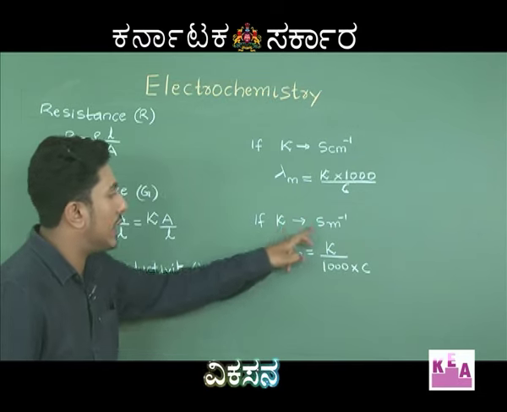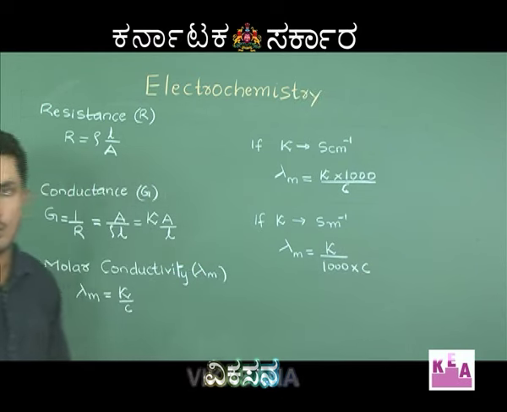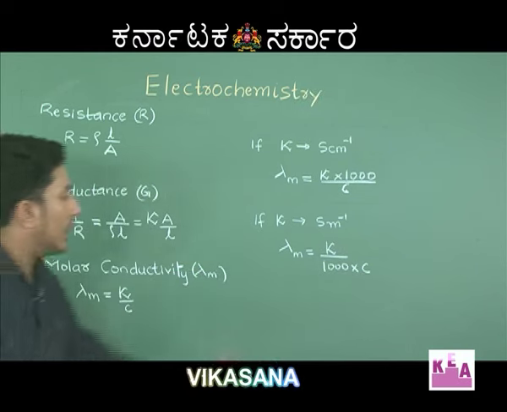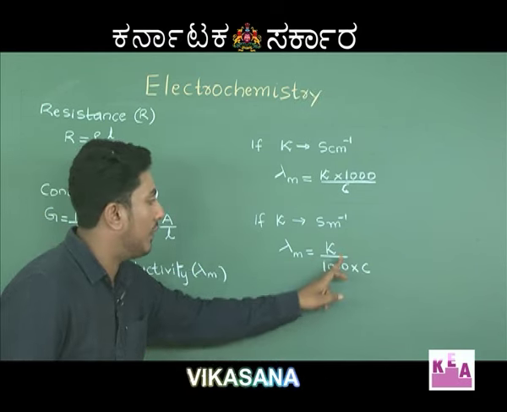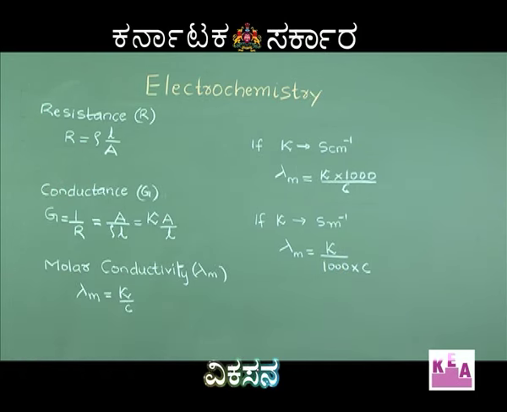If conductivity is given in Siemens per meter and concentration is in mole per liter, that is molarity, then lambda m is equal to conductivity divided by 1000 into C. The SI unit for molar conductivity is Siemens meter square per mole.